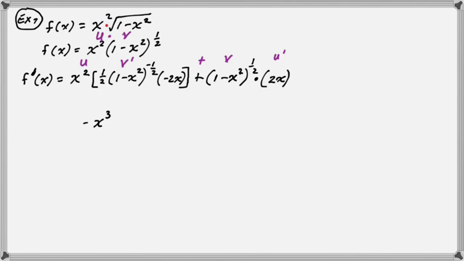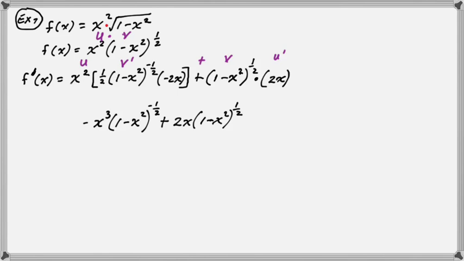And what do we have here? 1 minus x squared to the -1/2, plus 2x, 1 minus x squared to the +1/2. Let me look at this just a second.